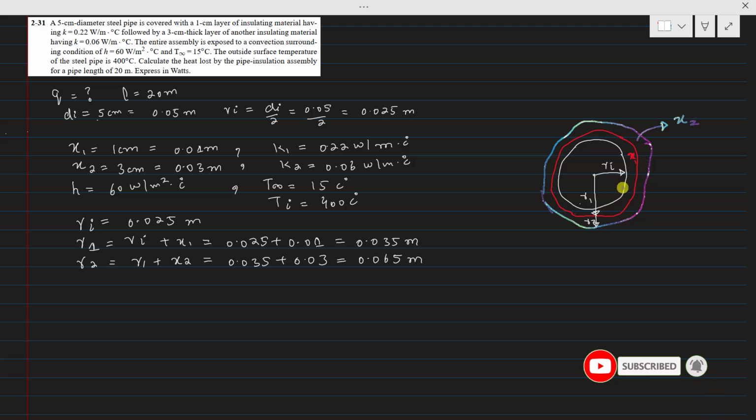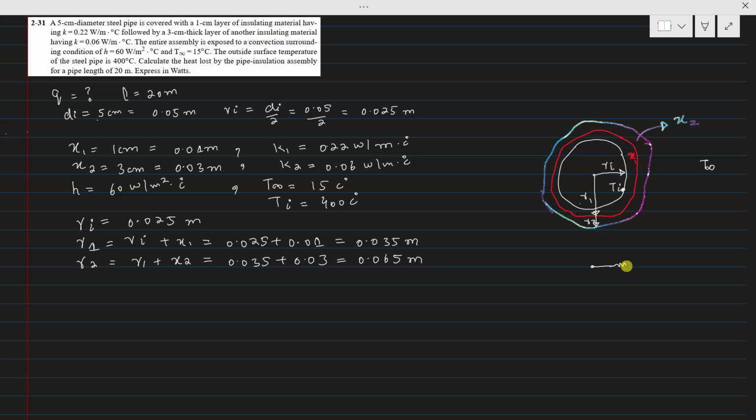Now the surface temperature of the steel pipe is Ti. The outside temperature here is T infinity. If I draw the resistance network diagram, from the surface of this pipe, heat transfer through the first insulation occurs. It is obvious it will offer resistance to the heat transfer.